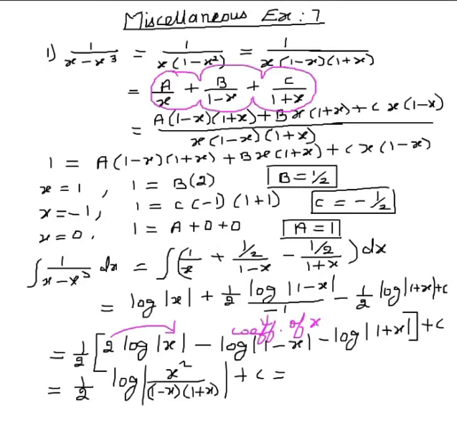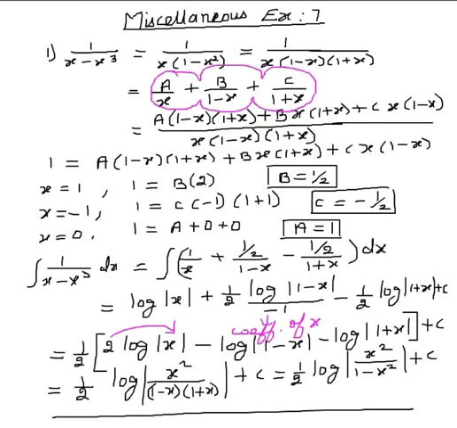This is equal to half into log of absolute value of x square divided by 1 minus x square and plus c. We need not write the absolute value sign for the numerator as it is positive. It is enough if you write the absolute value sign for the denominator.